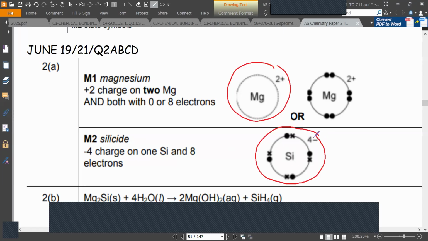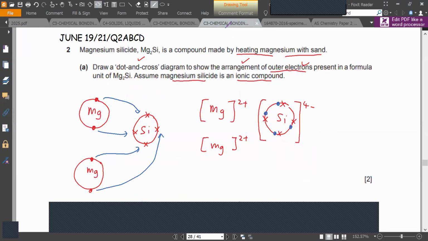So this is the correct answer, which we got.